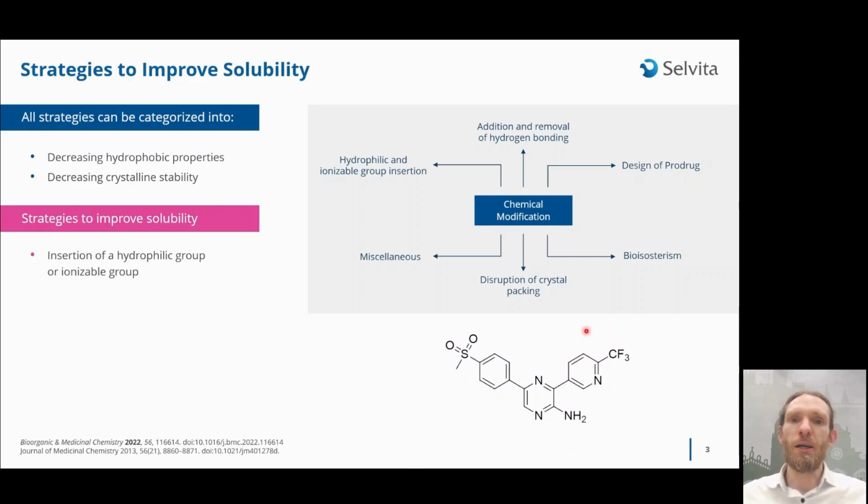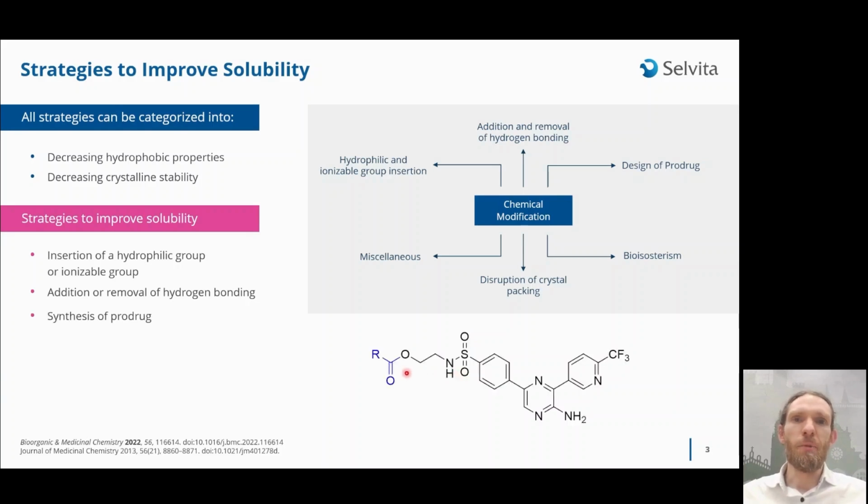So if you are talking about insertion of a hydrophilic or ionizable group, we can, for instance, introduce a piperazine or some amide with a hydroxyl group. If we are talking about addition or removal of hydrogen bonding, so if this molecule is not soluble enough, we can methylate a hydrogen bond donor and thus remove the hydrogen bond, which may potentially improve our solubility.